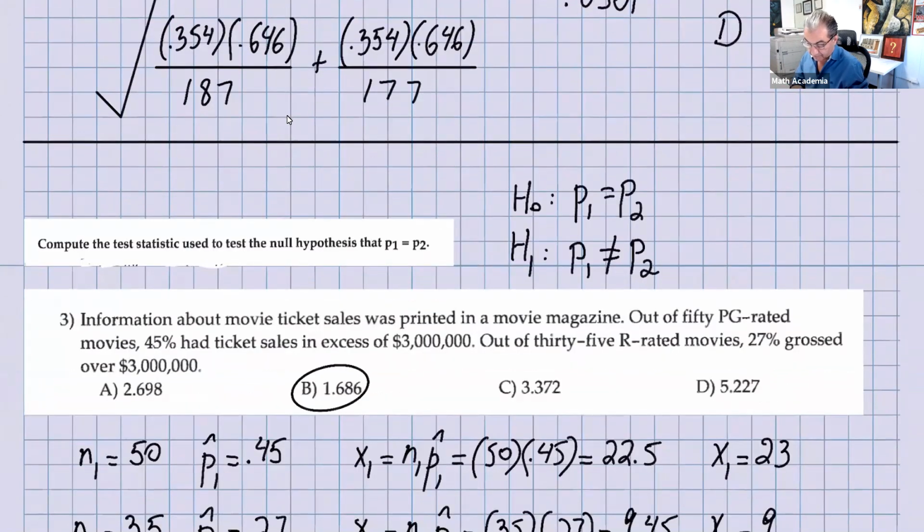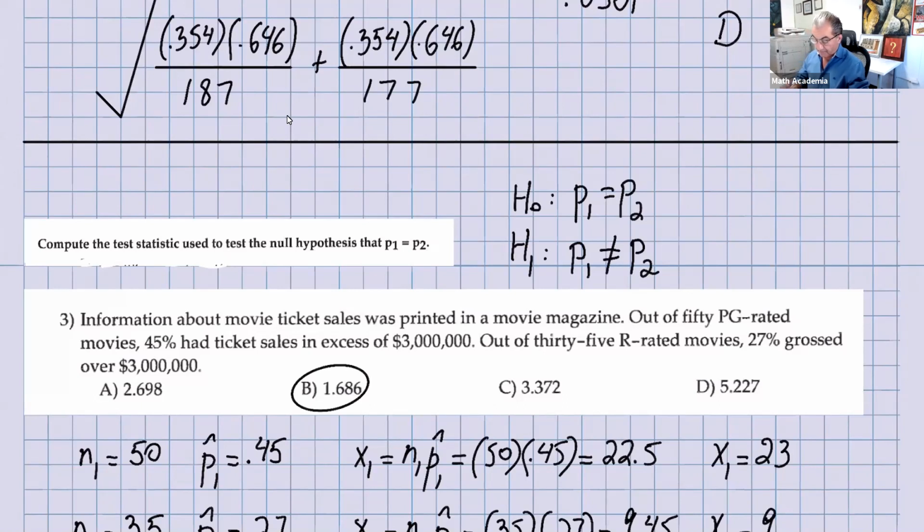So next one, it's information about movie ticket sales was printed in a movie magazine. Out of 50 PG rated movies, 45% had ticket sales in excess of $3 million. Out of 35 RX rated movies, 27% grossed over $3 million. So here, same question.